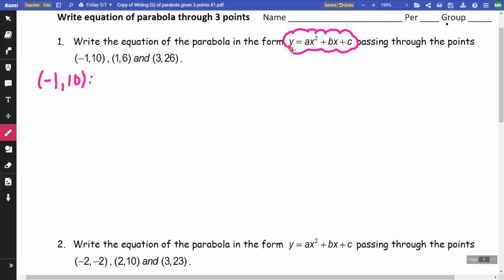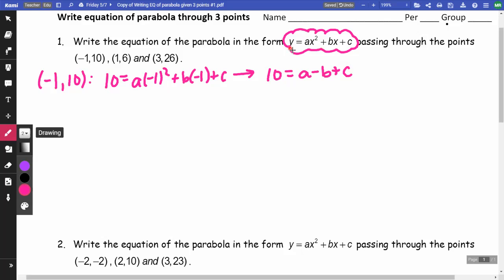So I'm going to get 10 is equal to a times -1 squared plus b times -1 plus c. And I can clean that up to 10 equals a, because -1 squared is 1, -1 times b is going to be -b, plus c. I'm going to do the same with the next point, 1, 6.